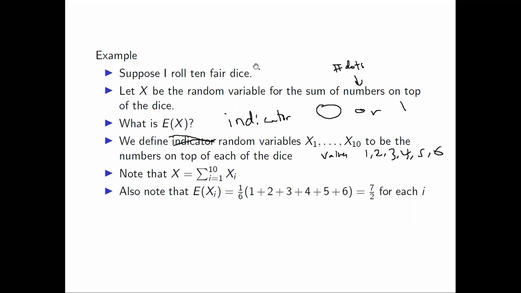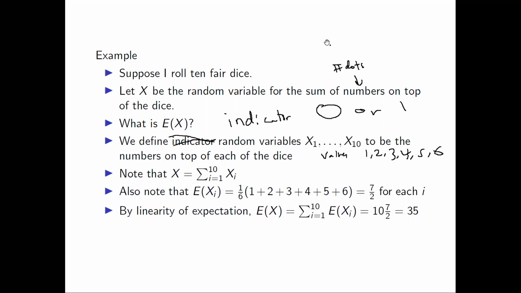So 1/6 times 21, and that gives us 3.5. So that's our expectation. And it's a lot easier to calculate the expectation this way than trying to calculate it using the definition. Because when we multiply by 10, we get 35.